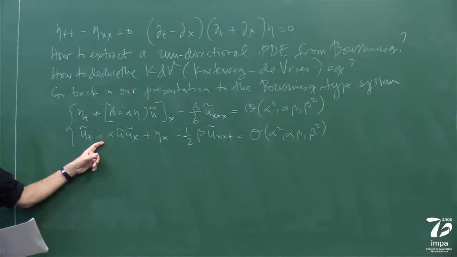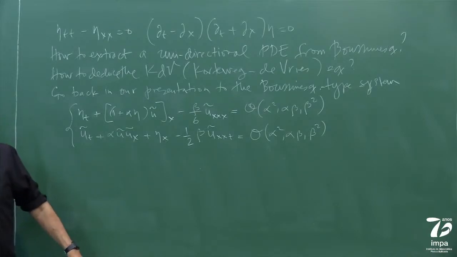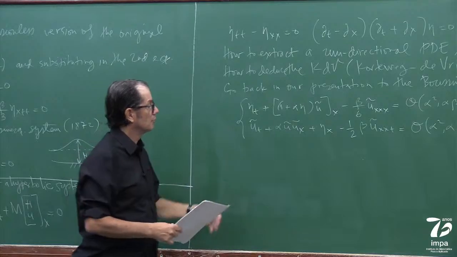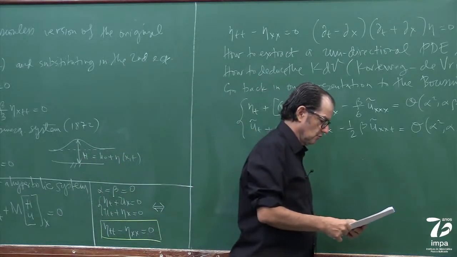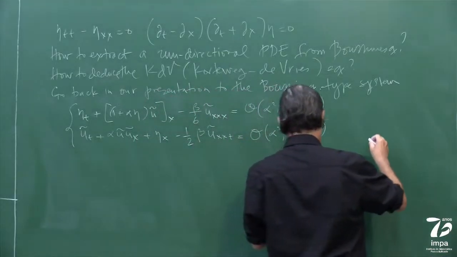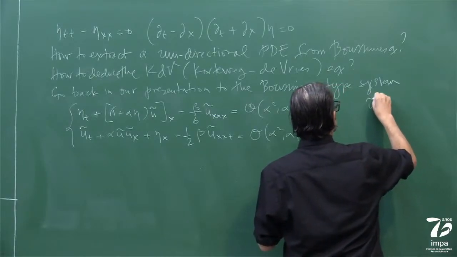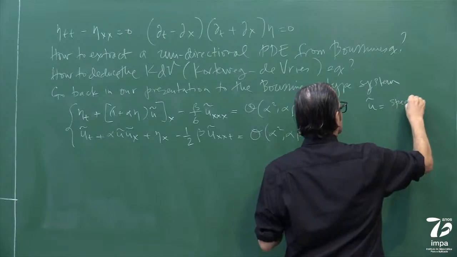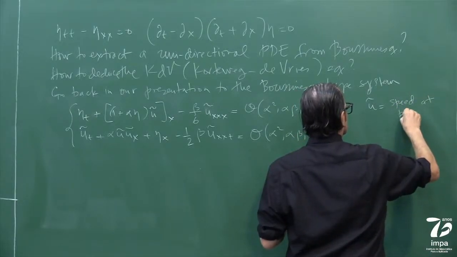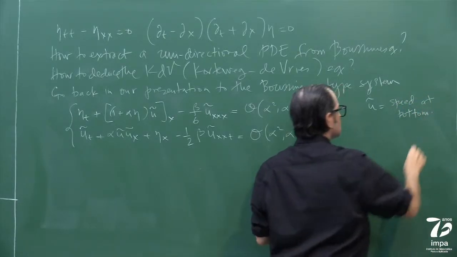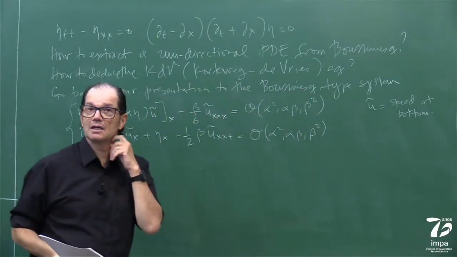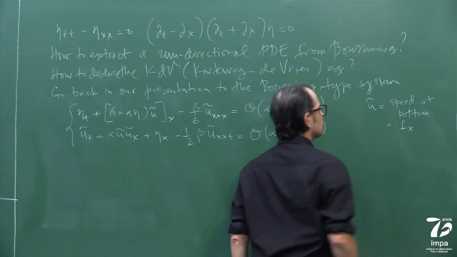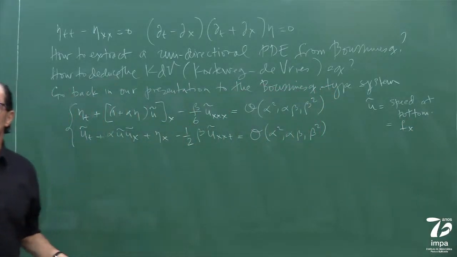This Boussinesq type system is prior to the one I just did, because recall that u tilde was the speed at the bottom, equal to df/dx, and was not the depth averaged one, right?